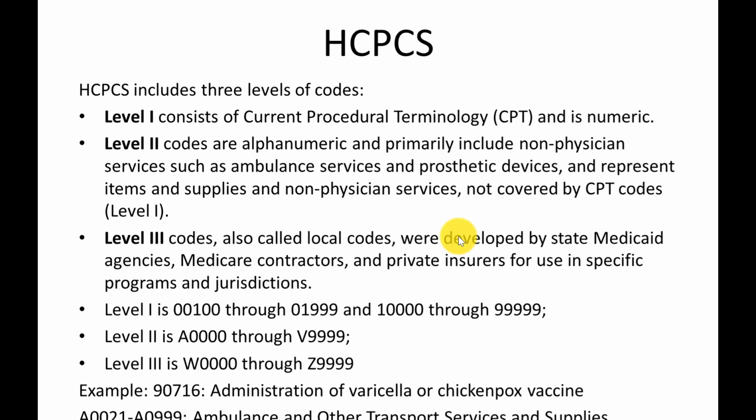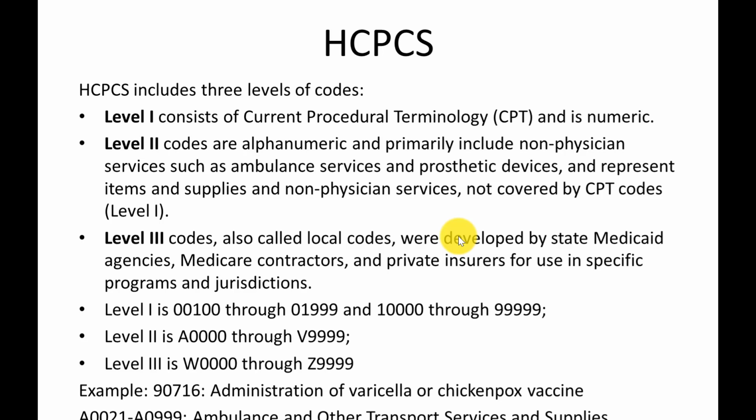In some guidance documents you will find only two levels, while in others you will find three. The reason is that level 3 codes are local codes, developed by the state Medicaid agencies, Medicare contractors, and private insurers for use in specific programs and jurisdictions.